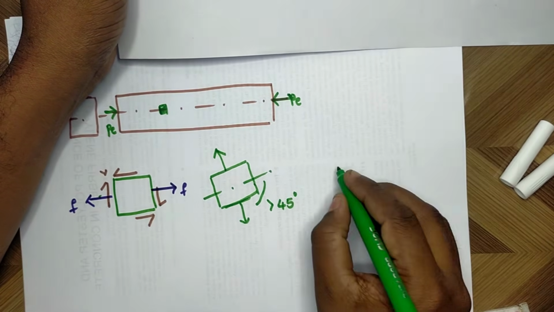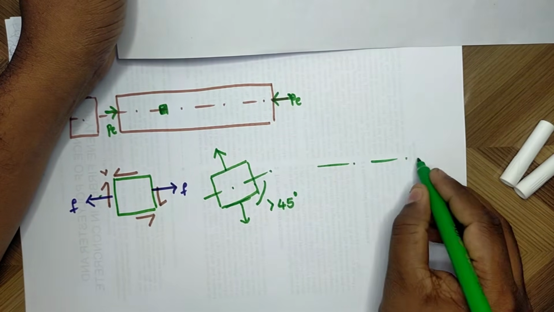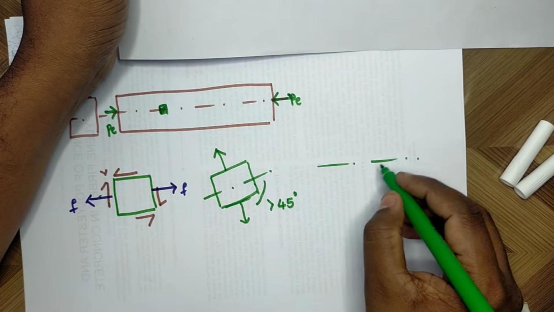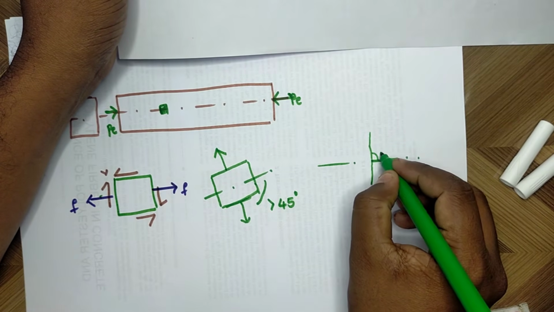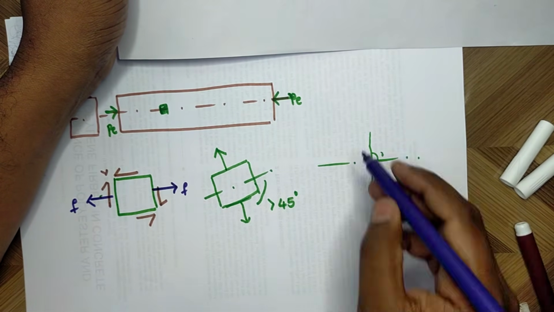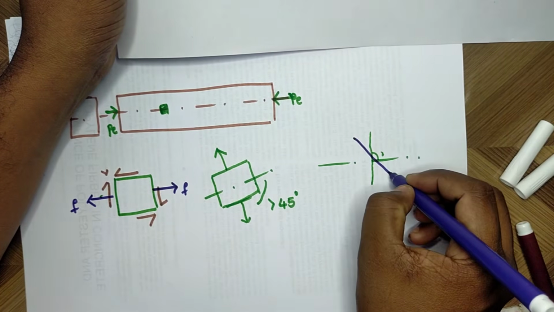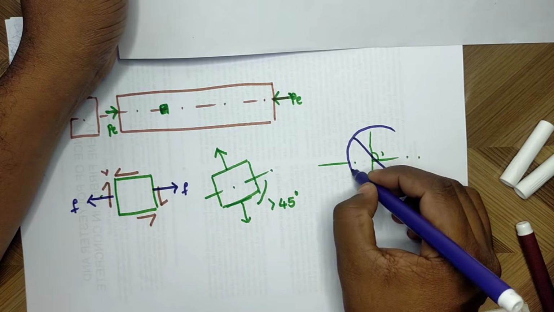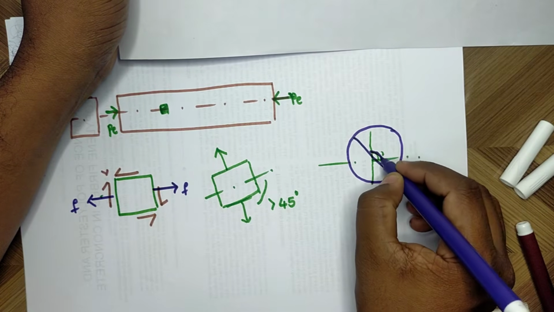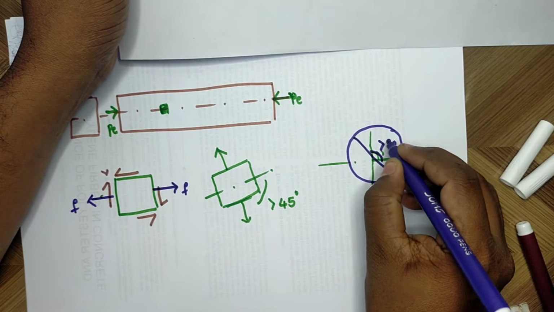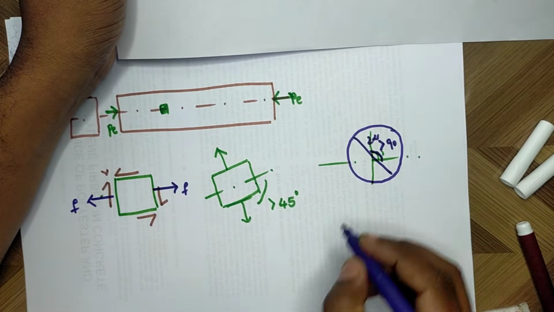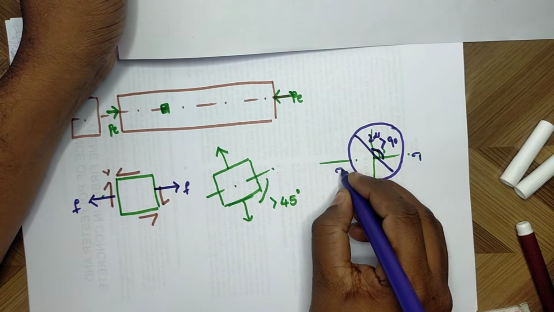And earlier in the Mohr circle, it was making an angle 2 alpha. Now it won't make that angle. This angle will be greater than 2 alpha. 2 alpha is greater than 90 degrees. Right?